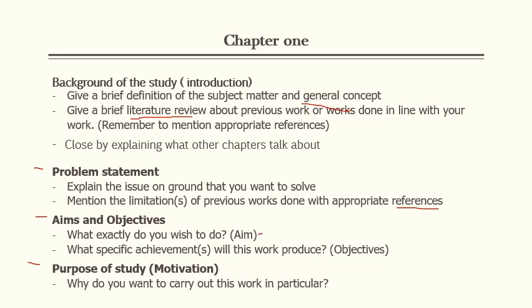It's usually drawn from your project title. The aim of this work is to design and implement an automatic registration and queuing system for public facilities. Simple as that. Then the objectives. Your objectives must be fulfilled in your work. So don't write objectives that you cannot fulfill in your work.